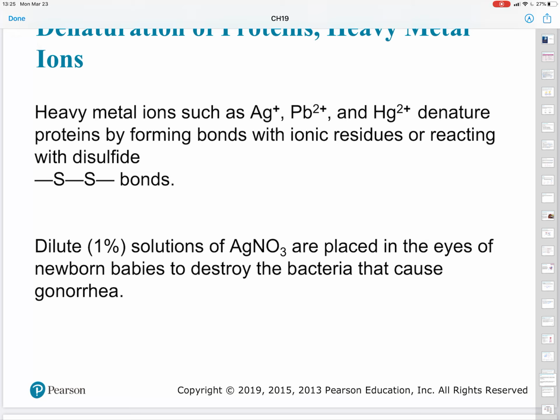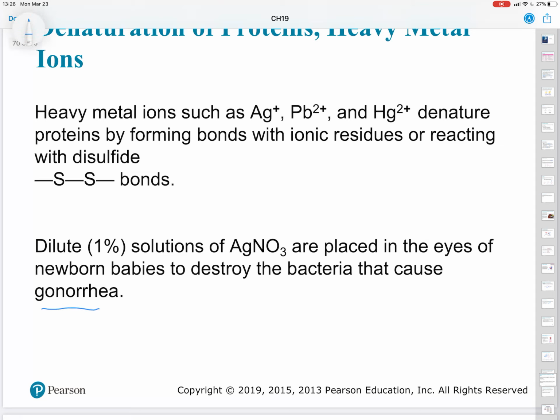Heavy metals, silver, mercury, lead, they form bonds with those ions, or they react with disulfide bonds. And so if you have a lot of disulfide bonds, a lot of cysteines, like the insulin, for example, had 3 disulfide bonds that were in its final structure, this could basically knock that protein out.